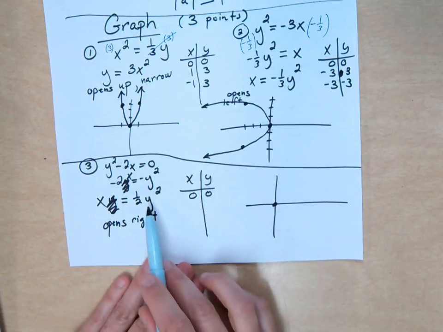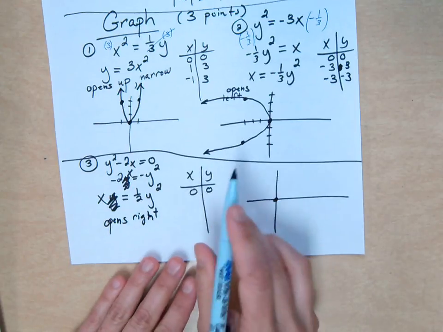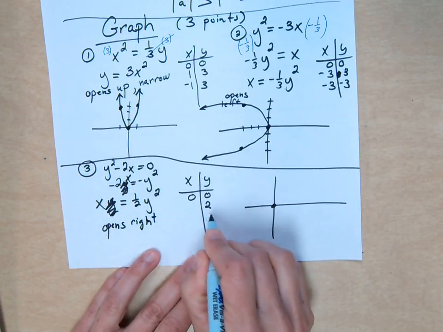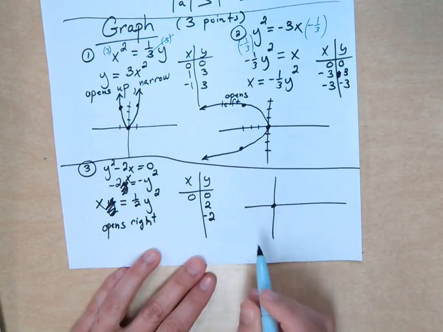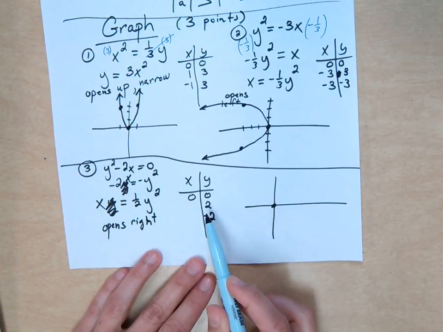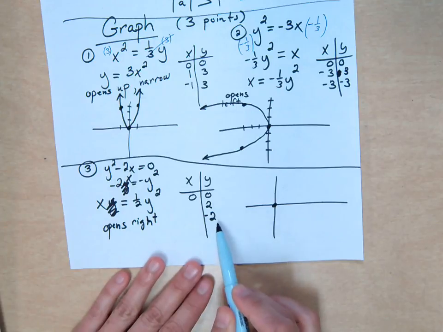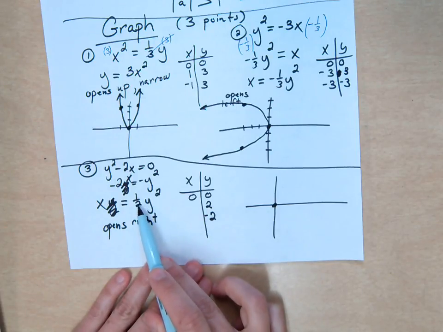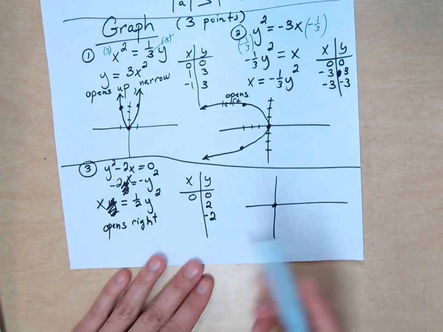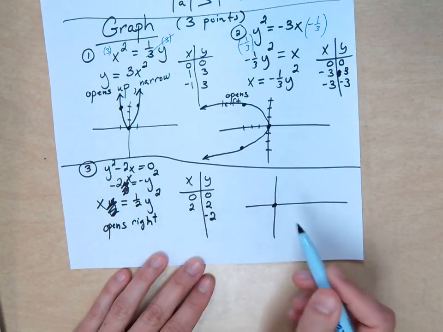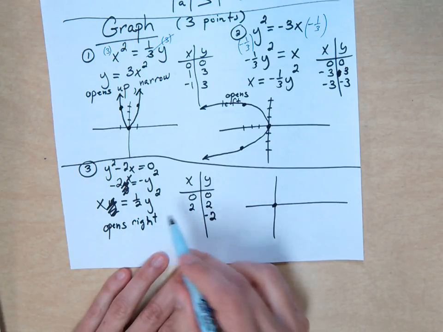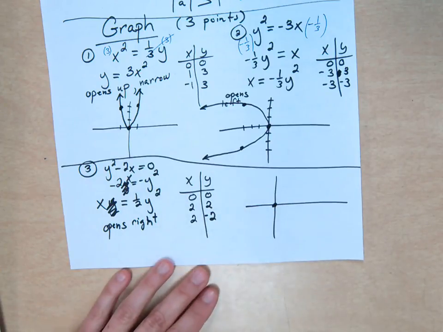What would be good for y to plug in? 2. Yeah, 2 and negative 2. So don't make the mistake I made. Put it on the right side. We're plugging in for y. We're picking anything we want for y. 2 or negative 2. Plug it in. 2 squared is 4 times a half is 2. And then negative 2 squared is 4 times a half is also positive 2.